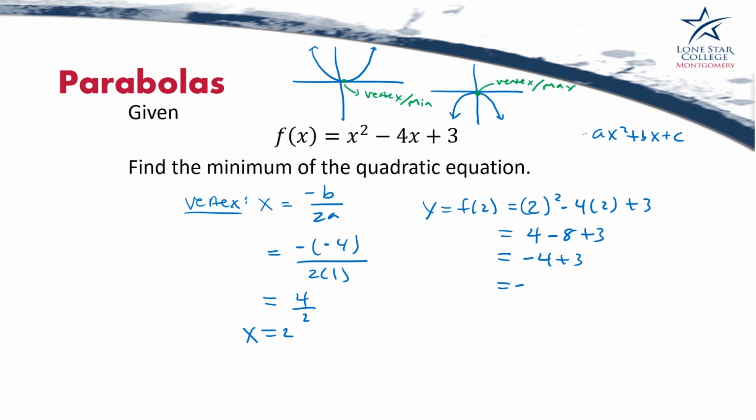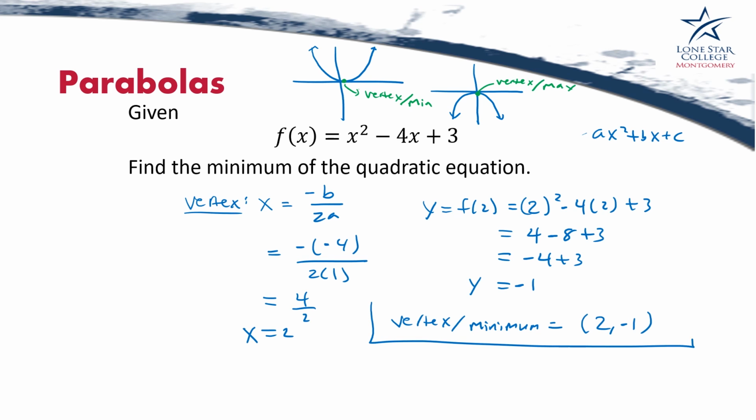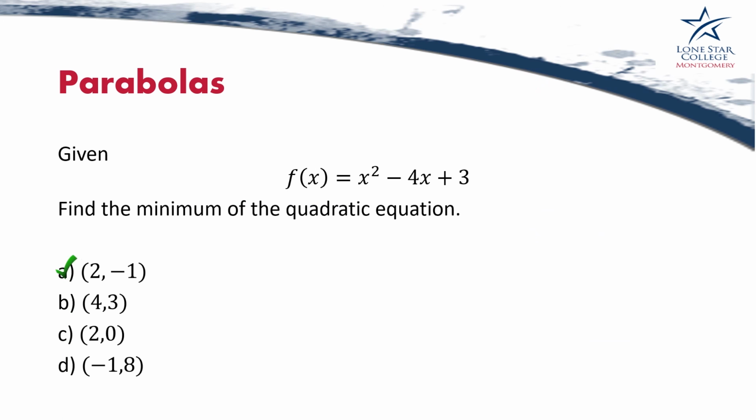So that's negative 1. So our y value is negative 1. So our vertex, which is the minimum in this case, would be the point 2 comma negative 1. It's choice A.